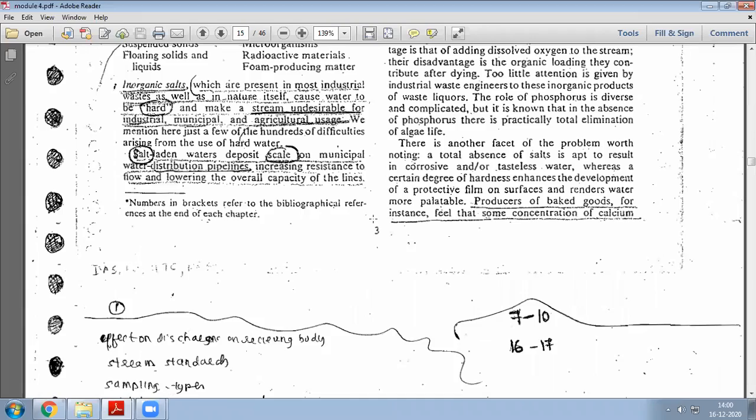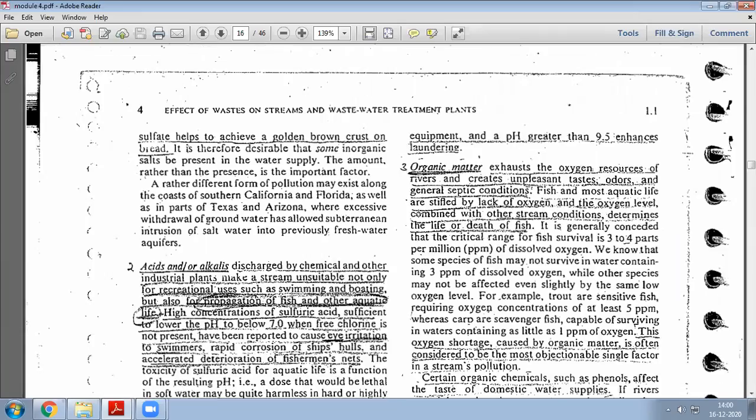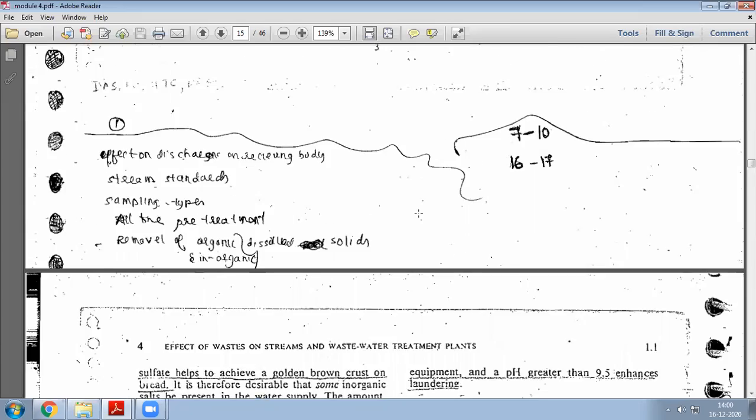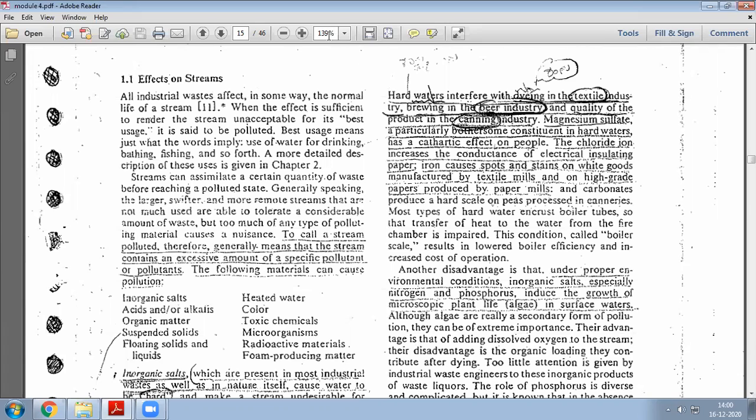Actually, when they ask you that main question, effects on streams of industrial wastewater, if you want to score more marks, then you have to explain like this. See here how they have explained: they take particular wastes into account rather than telling it generally. They take these pollutants with respect to each one and explain what happens to the streams, what happens to your river.